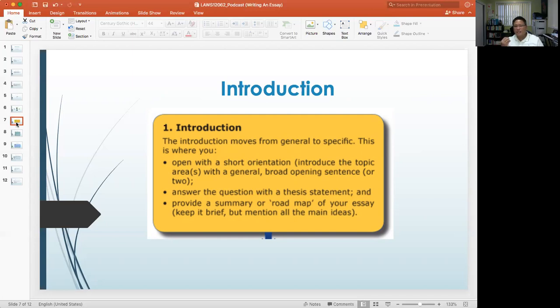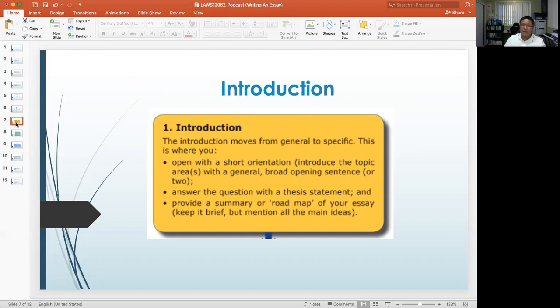What exactly is the main idea or the proposition or the central idea you're trying to advance? Tell us what it is. And then if you're saying that this is the central idea you're advancing, explain to us how you will support that main idea or argument by sub-arguments. So you're providing a roadmap.